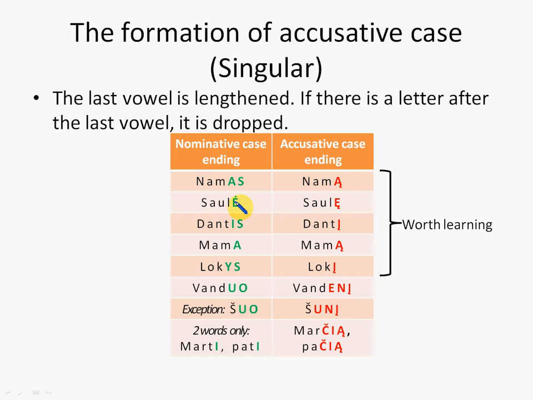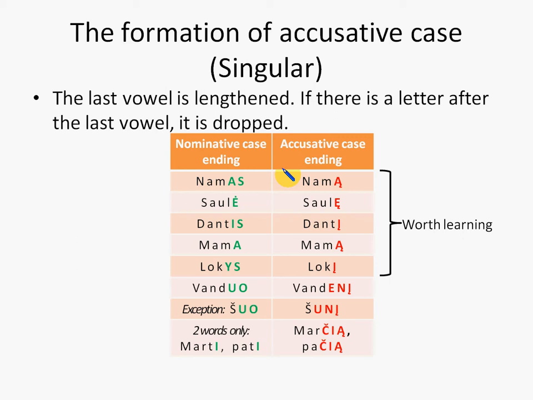But if its ending is different, it changes to a different one. So different endings change to even different endings. But the most common ones I've shown, the worth learning ones, these 5 first ones. This case is very simple. Don't skip this case because it's very common, very important. So let's see.